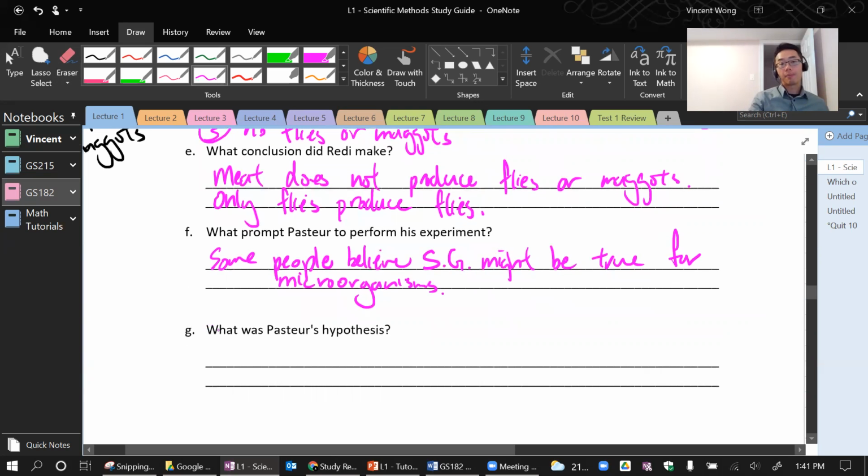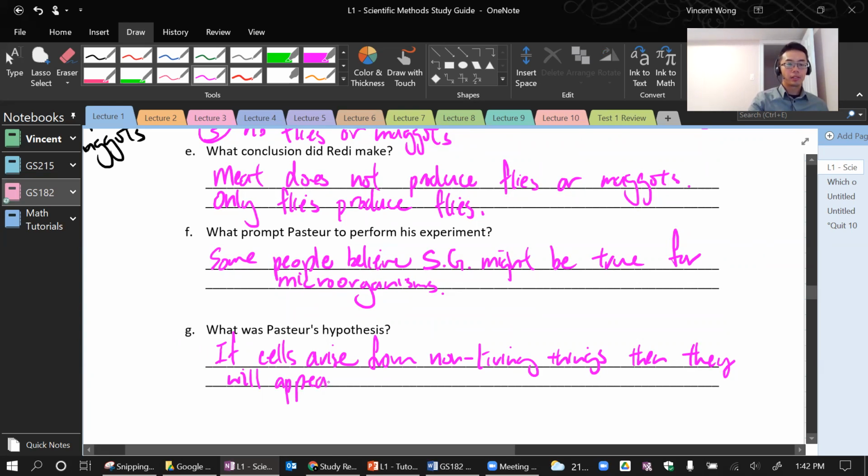And in his hypothesis, he states that if cells arise from non-living things, then they will appear in sterile broth.